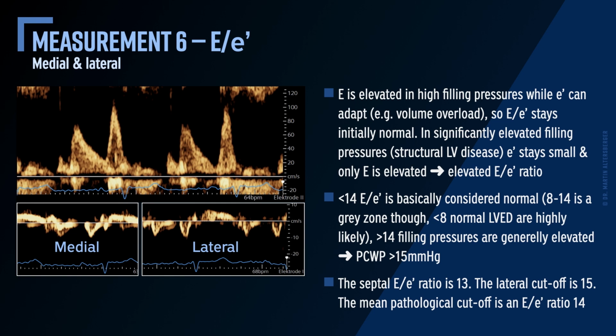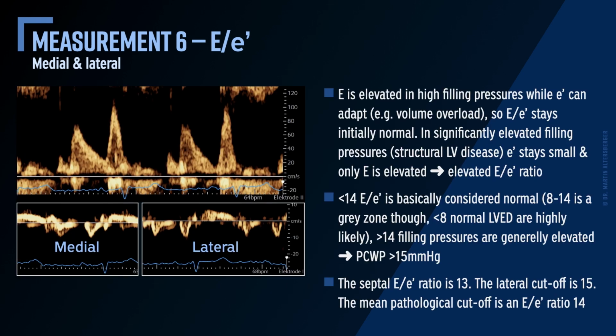Above 14, pressures are generally elevated, resulting in a pulmonary capillary wedge pressure, we estimate with this, of above 15. The septal E to E prime ratio is 13, the lateral cutoff would be 15. And the mean, and that is important, the mean cutoff of an E to E prime ratio, also displayed in our current guidelines, is 14.